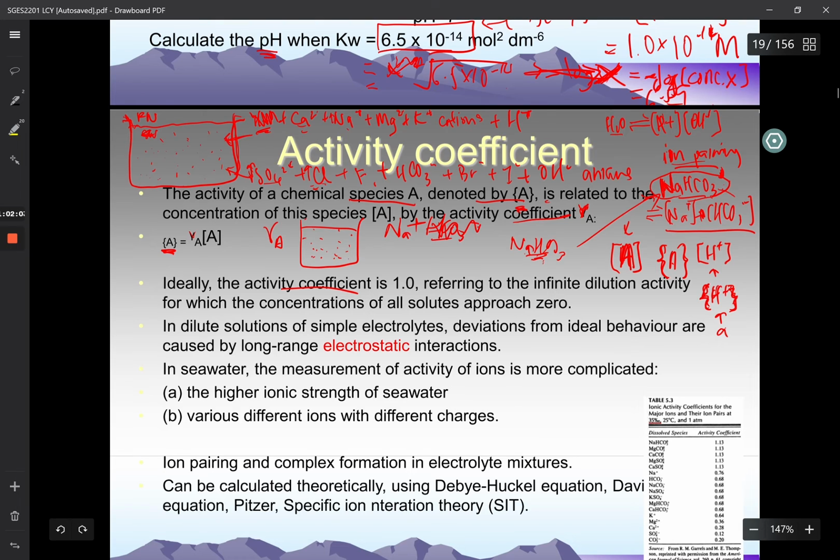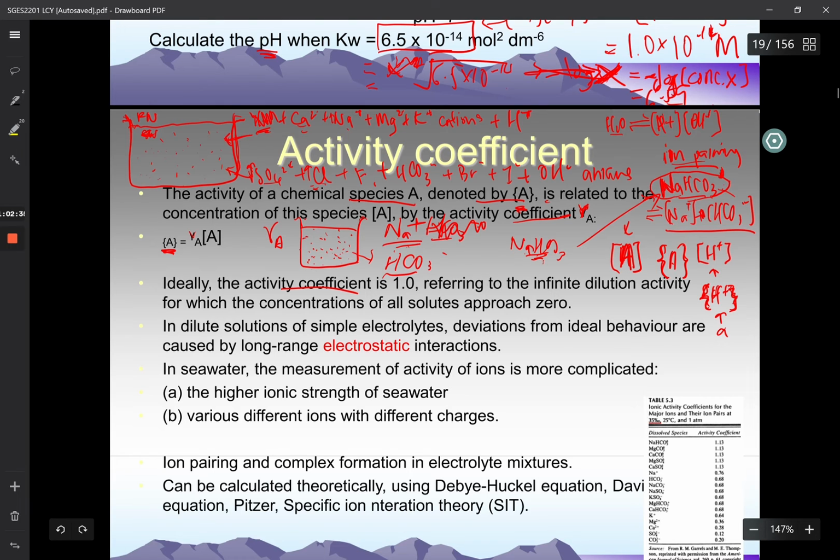Sodium always appears as a free cation, and carbonate always appears as a free anion. So when there is no ion pairing happening, in a very dilute solution, this solution is known as an ideal solution, right?